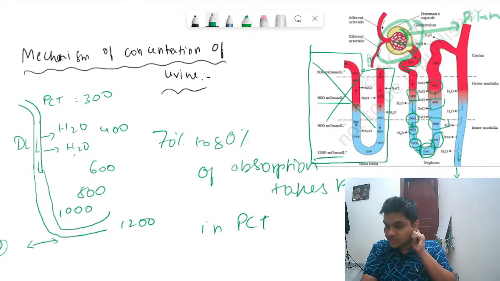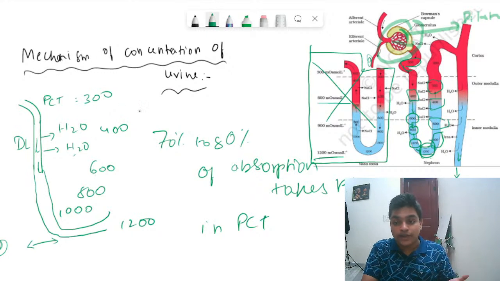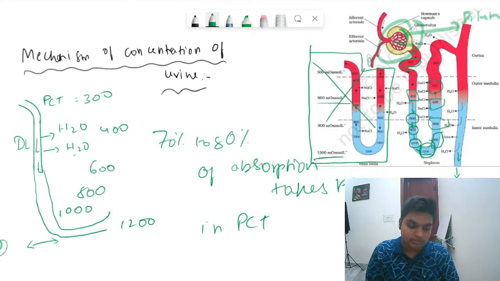And we humans and we mammals produce much concentrated urine, hypertonic urine.